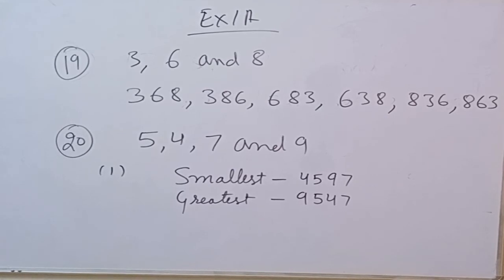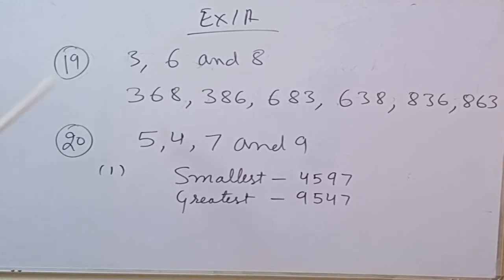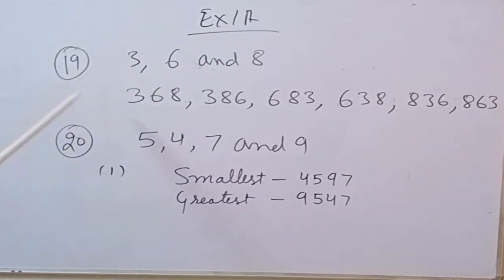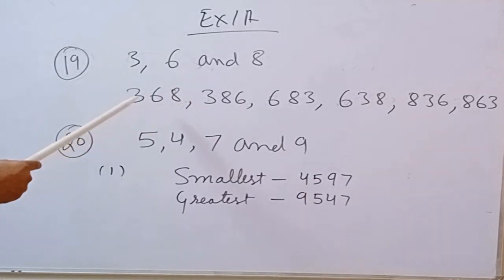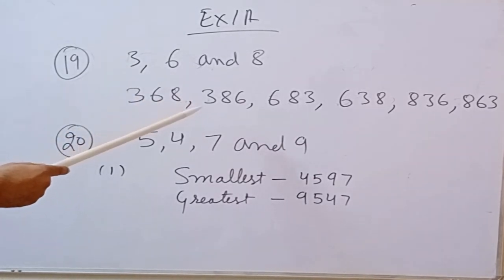Children, I am taking the next sum, question number 19, in which we have to form numbers using the digits 3, 6, 8, and the condition is that repetition of any digit is not allowed. So we can form the number 368, then reversing 68 we get 386.